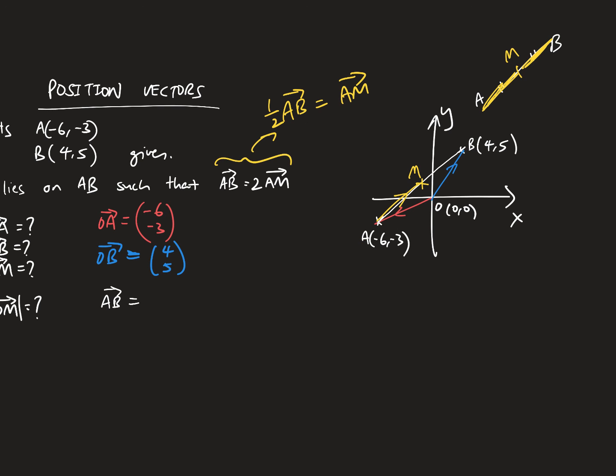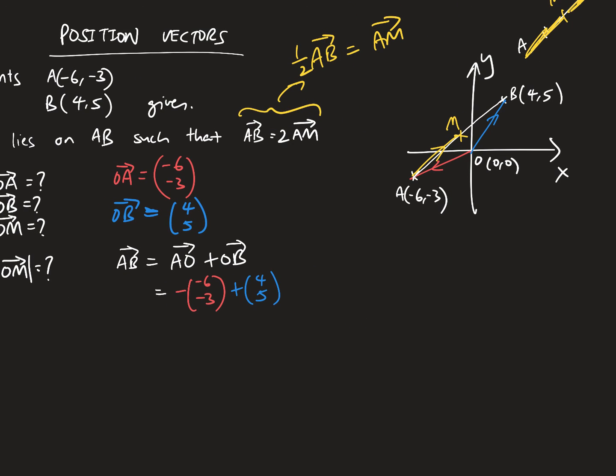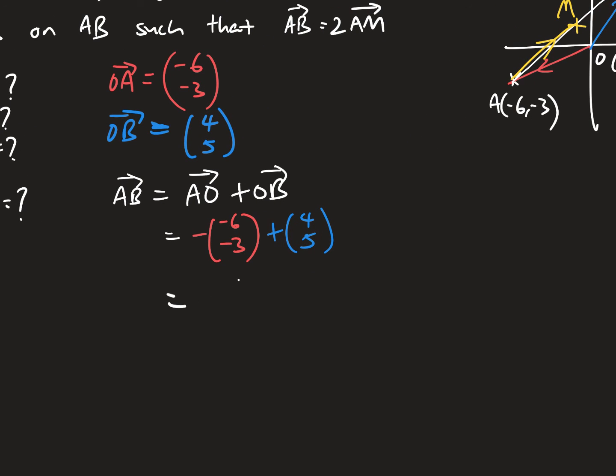So A to O and then from O to B. And A to O is simply negative OA. Then we have found AB this way. Let me simplify it. Let me bring the negative sign in first.